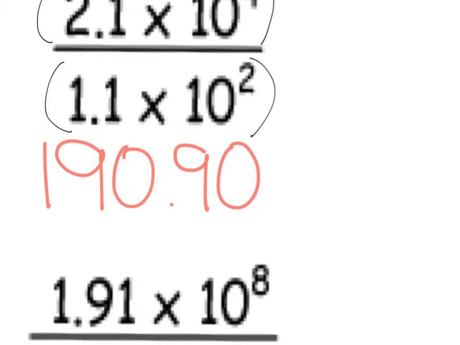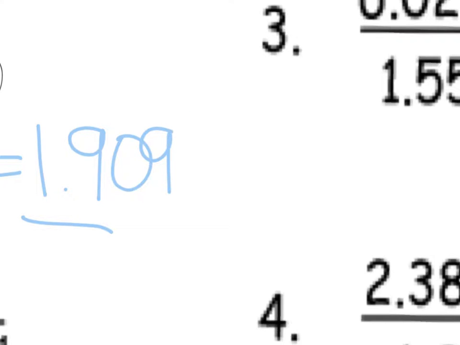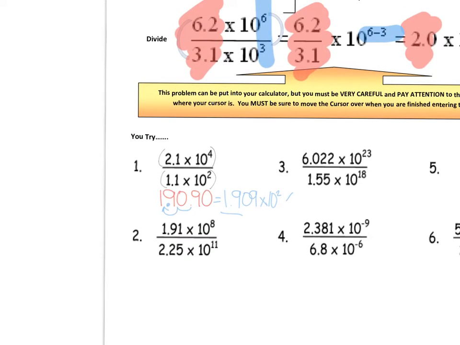Right, so I have to take this decimal and move it over. So now I get a number of 1.909 times 10 to the second. Very good. Okay.